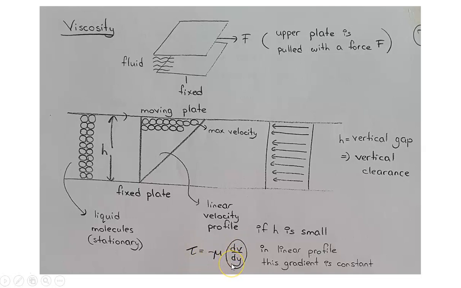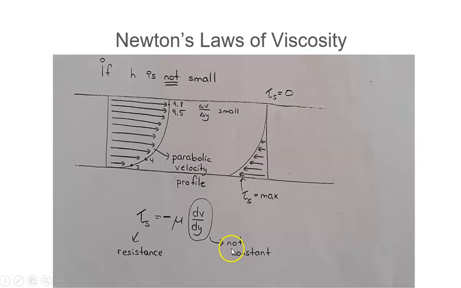We know that dv dy is the velocity gradient, and mu here is the viscosity. So if h is small, it simply means that this gradient is constant. This velocity gradient is constant in a linear profile. But if h is not small, what it means is that the velocity gradient is not constant.